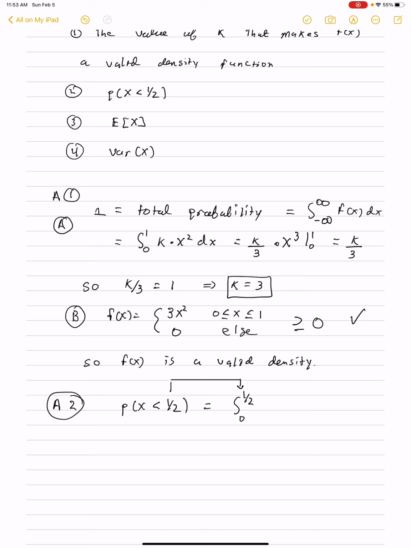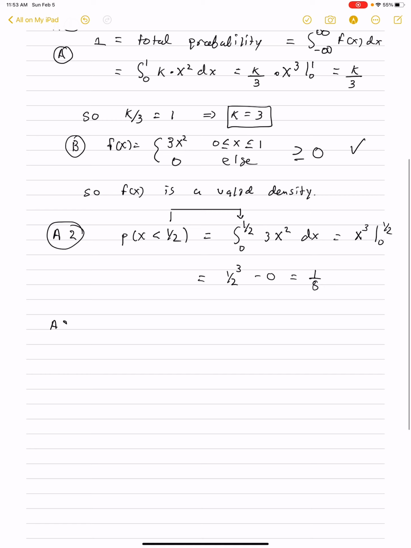Okay, so those are our bounds. And we need to integrate 3x squared dx. This is equal to x cubed, from 0 to 1/2. I think we're going to get 1/2 cubed minus 0, a 1/8 chance that x lies there.